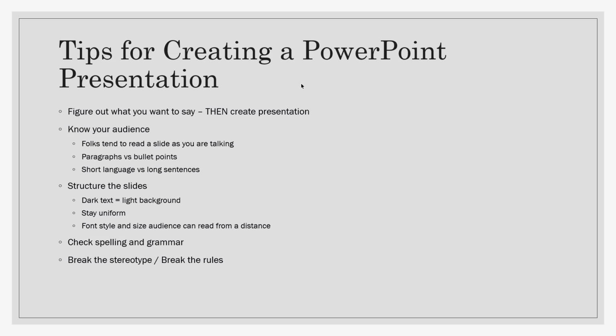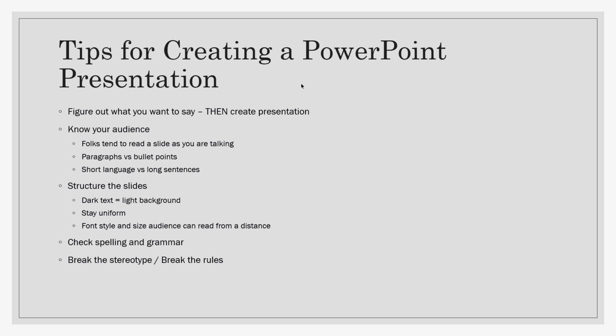Short language versus long sentences. I don't have to truly read it for you, because that is how you will lose people in the audience. That's when they check their eyelids for light leaks, or they're praying because they have their eyes closed, those types of things. So that is why it's very key to know what your audience is.